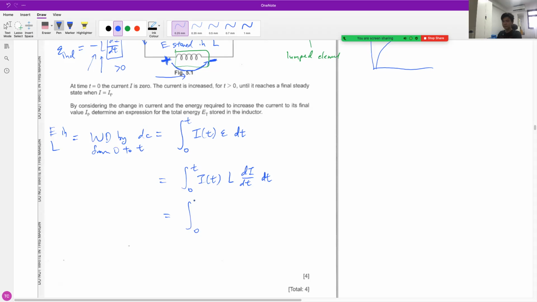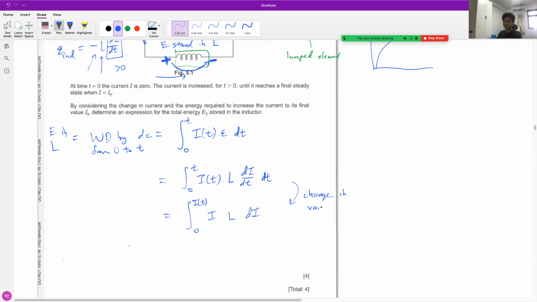From 0 to the current at time t, and then we have I, and then L dI. So now instead of calculating the integral from 0 to some time, we are calculating the integral from 0 to the current value at that time. And this is a change in variables.